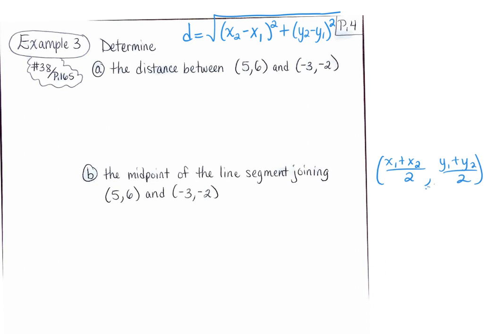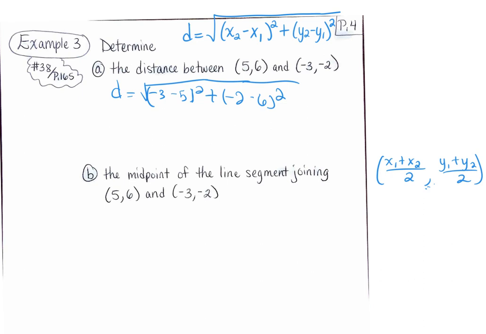Okay, so we use the distance formula. The way I do it, I do D equals, and I put -3 minus 5 squared, plus -2 minus 6 squared.